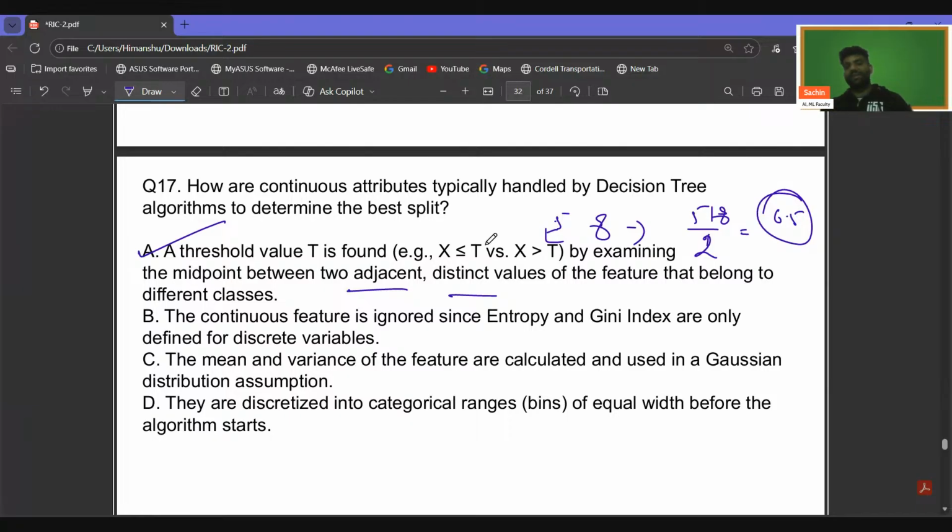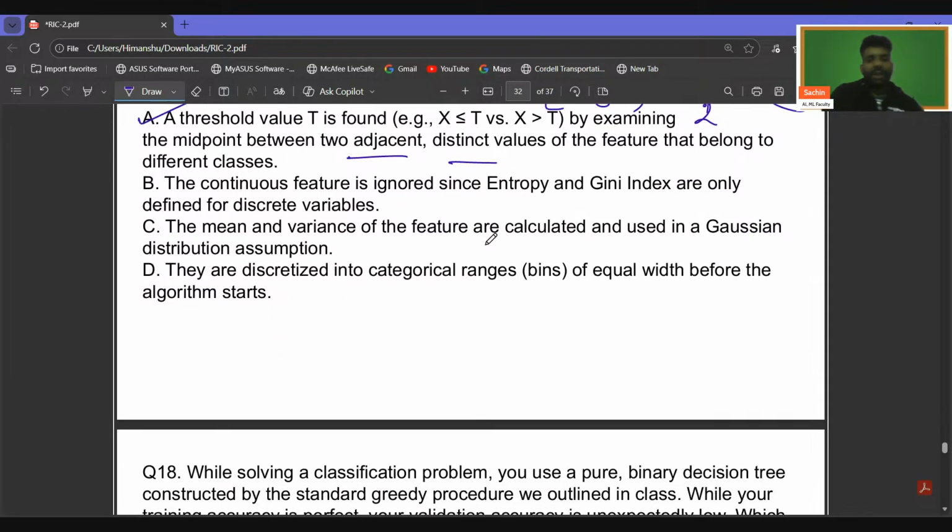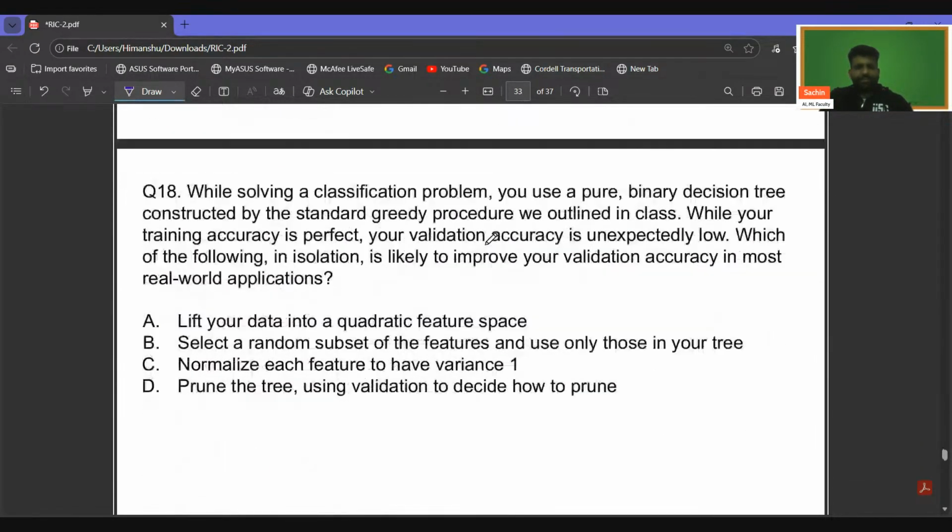If it's a decision tree regression problem, we look at where we would get the minimum mean squared error. Where we have it lower, that particular threshold is chosen. Okay.